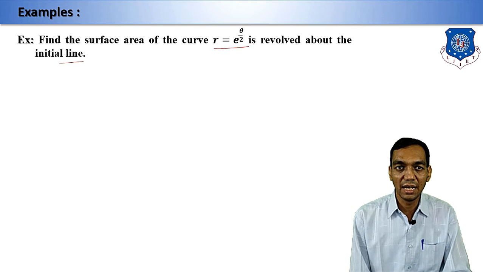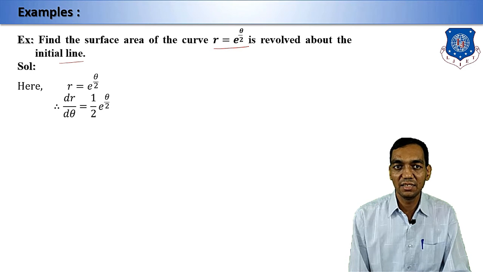Now you have the curve r is equal to e raised to theta by 2. So dr by d theta is going to be 1 by 2 into e raised to theta by 2, because e raised to theta by 2 has the derivative e raised to theta by 2 into the derivative of theta by 2, that will be 1 by 2.